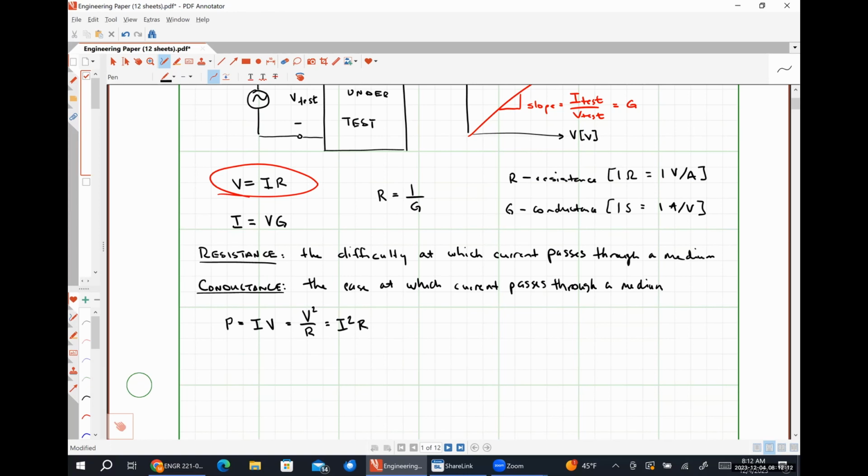So instead of needing to know both the voltage and the current, now we only need to know one of those two quantities, whichever one is easier will get the job done. In terms of conductance, P is still going to be equal to I times V, but now we're going to have V squared times G, or I squared over G. Right?